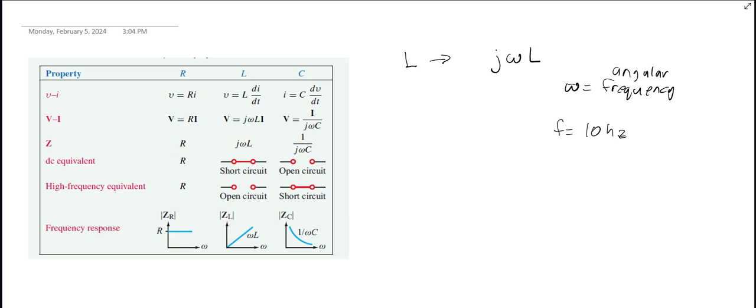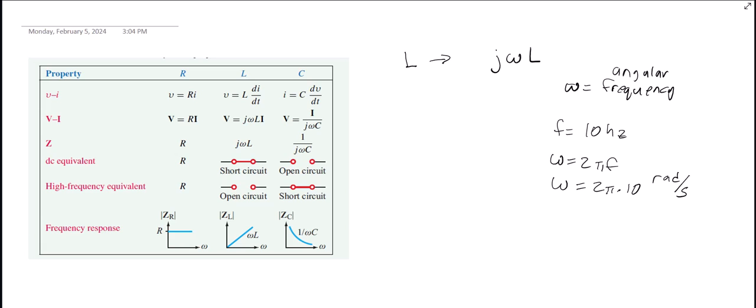To get omega from F, omega equals 2 pi F. So if F was 10 hertz, then omega would be 2 pi times 10, and that would be in radians per second. If the frequency is given in radians per second, you know they've given you omega. If it's given in hertz, you know they've given you F. You need to pay attention to that because if you don't, you'll get the wrong answer.